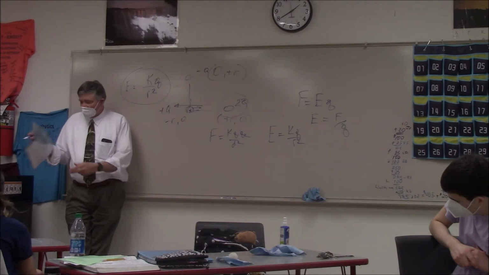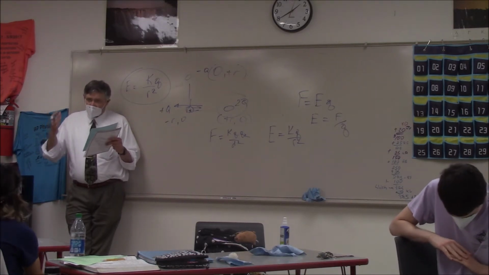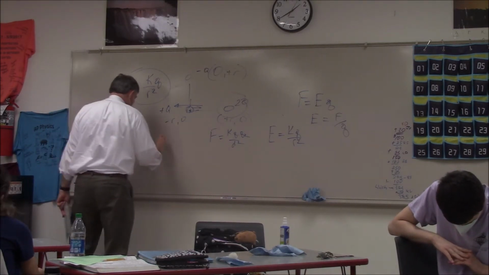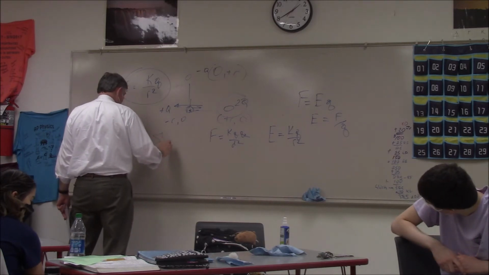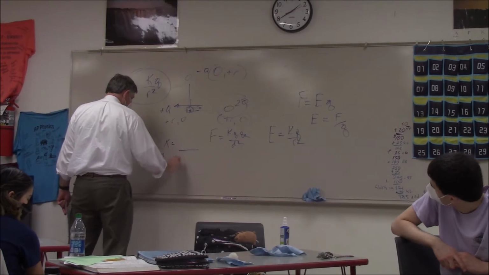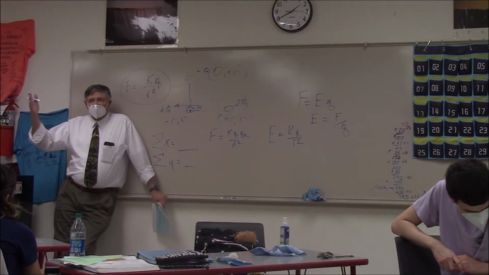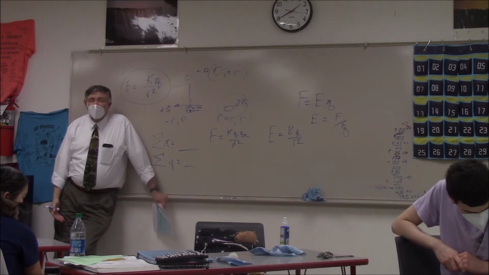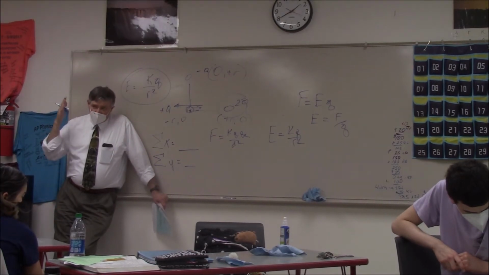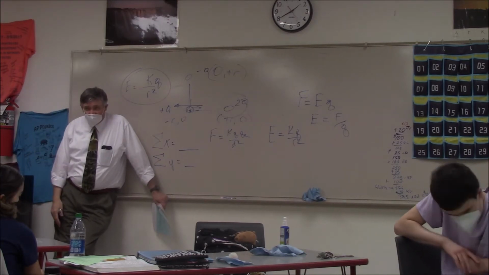So on number 4, what I want is that you say, okay, here's the sum of my x components, here's the sum of my y components. Do not just write down, oh, here's x and here's y, okay? Make sure that you put down what is what. Don't just write down two numbers and expect that I'm going to know what they are.